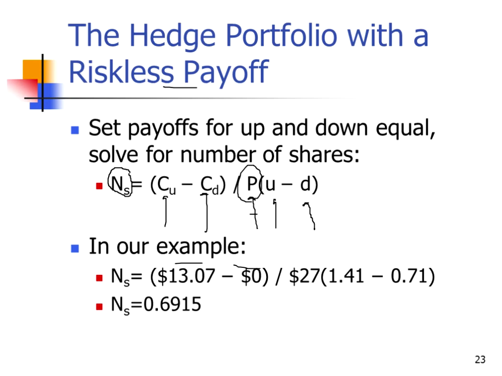So this is 13.07 minus 0 divided by the price of the stock, which is $27 per share, multiplied with the up factor, which is 1.41, minus the down factor, which is 0.71. And that's going to give you the number of shares. So you would have to keep 0.6915 share to create that perfect hedge. Students online, everyone clear?